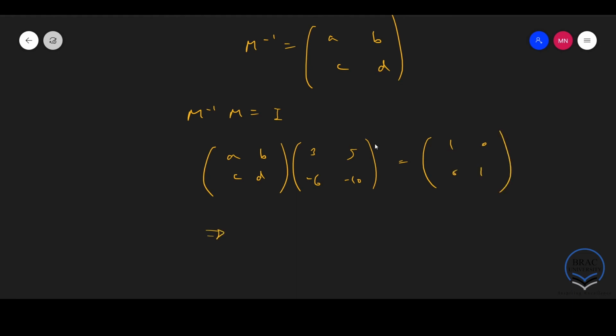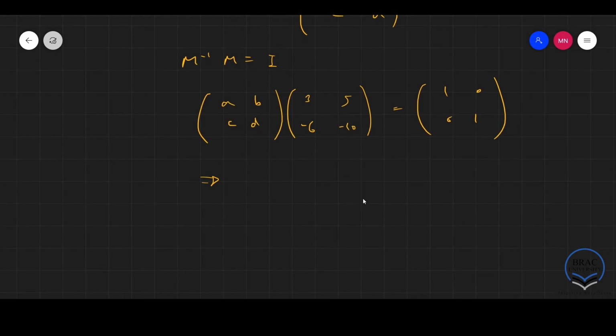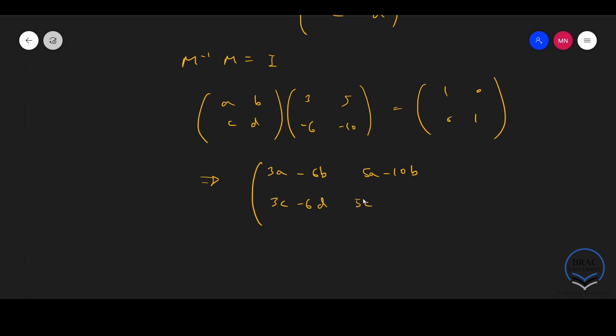Right, and if I expand the product on the left-hand side, what do I get? I get 3A minus 6B, 5A minus 10B. We have 3C minus 6D, 5C minus 10D. And this is equal to 1, 0, 0, 1.